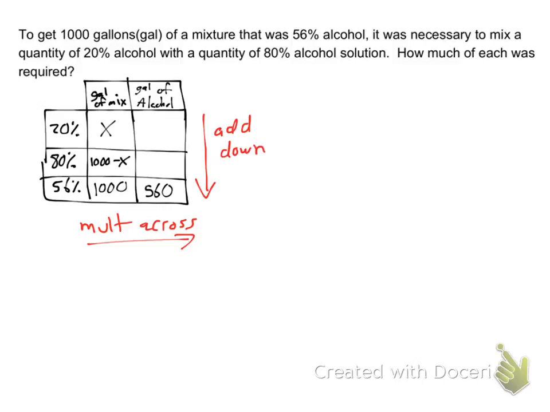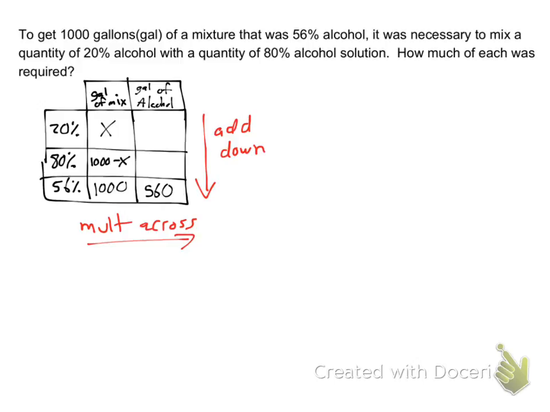You add down. X plus 1,000 minus X, the X's cancel, you're left with 1,000. The top two will always add up to equal the bottom. Hey, wait a minute.